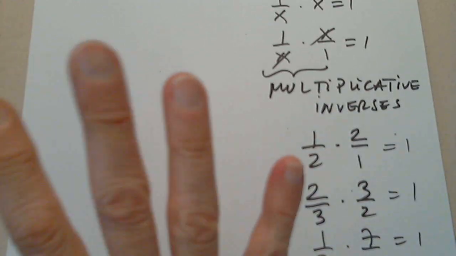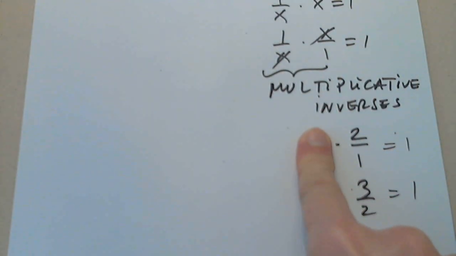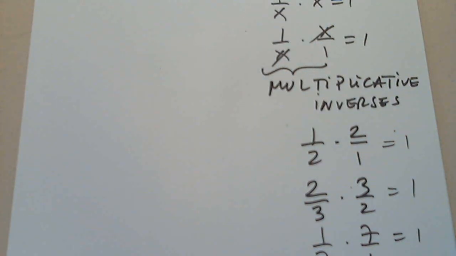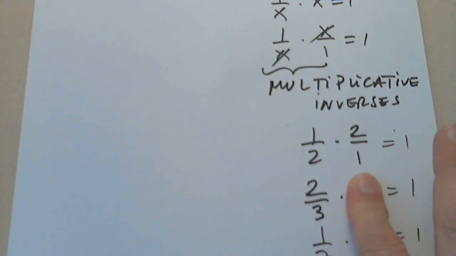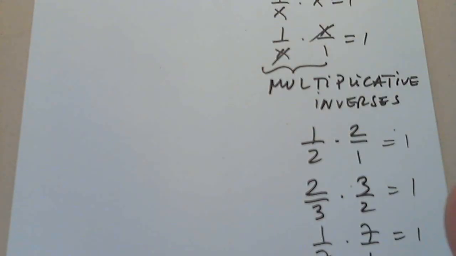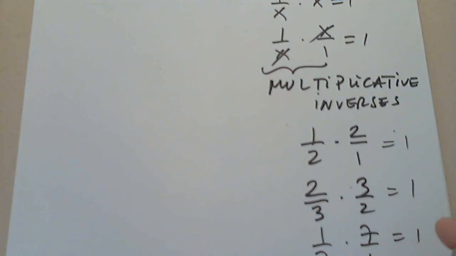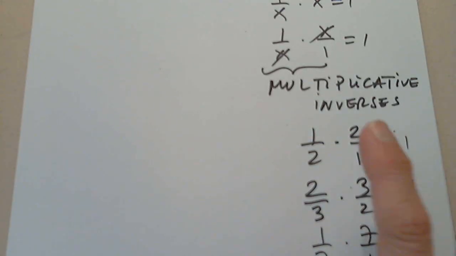So the point I'm making, if I want to get rid of 1/2, I'll multiply by 2. If I want to get rid of 3/2, I'll multiply by 2/3. If I want to get rid of 7 over 1, I'll multiply by 1 over 7. Why? Because the answer that I need of the product is 1.